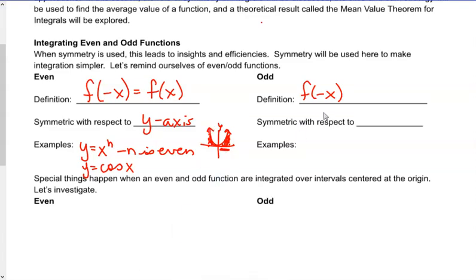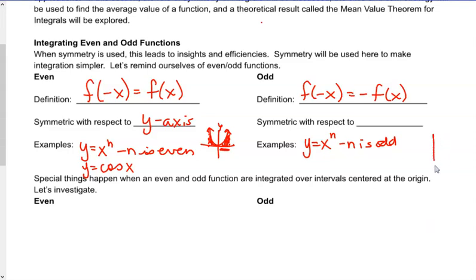We are going to look at odd functions as well. If I plug in negative x, that means I get back the opposite of the original function. Some examples of this are x to the n power, where n is odd, like x cubed or y equaling x to the 7th.